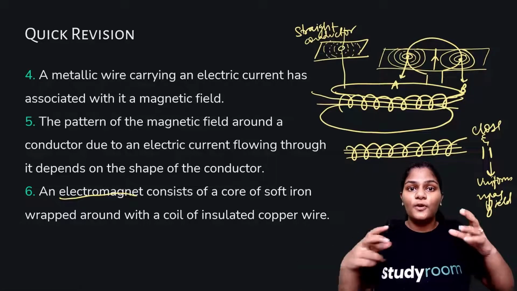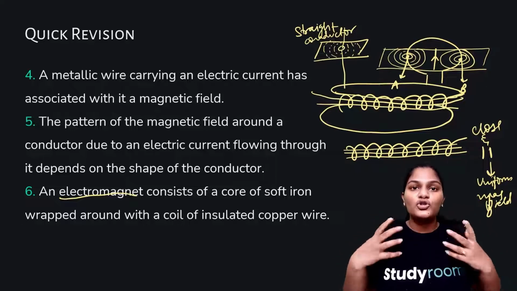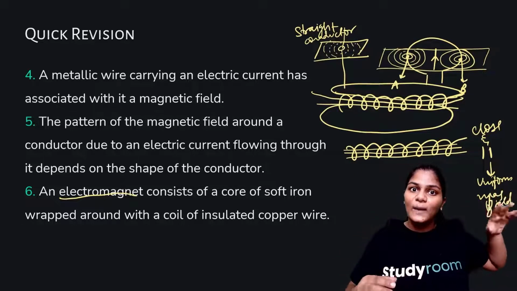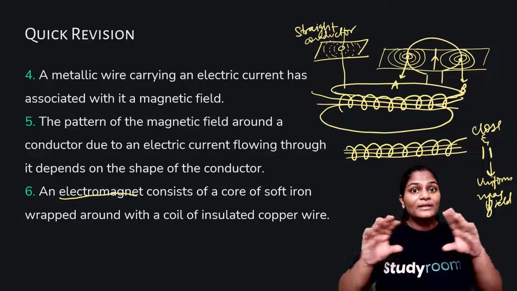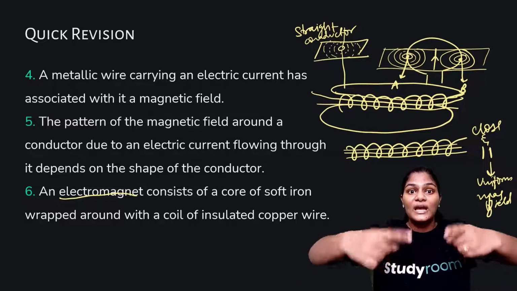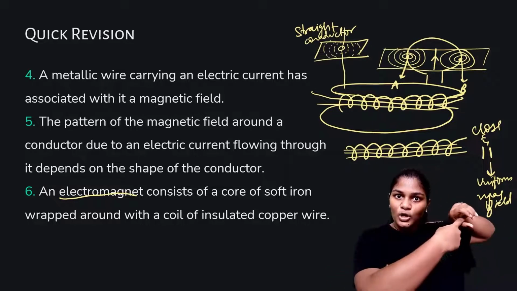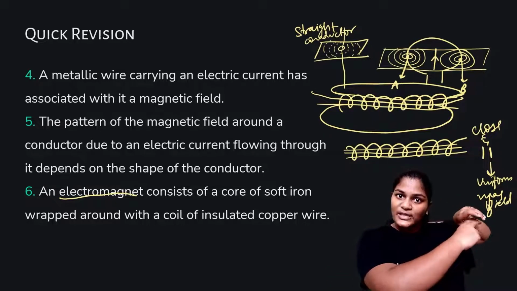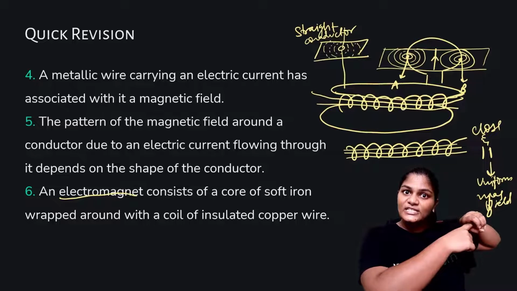So this uniform magnetic field is so strong. It is also found inside a bar magnet, but because the bar magnet is solid, we can't put anything inside a bar magnet. But the solenoid has space in between, right? It's hollow, so you can actually put something in this space.